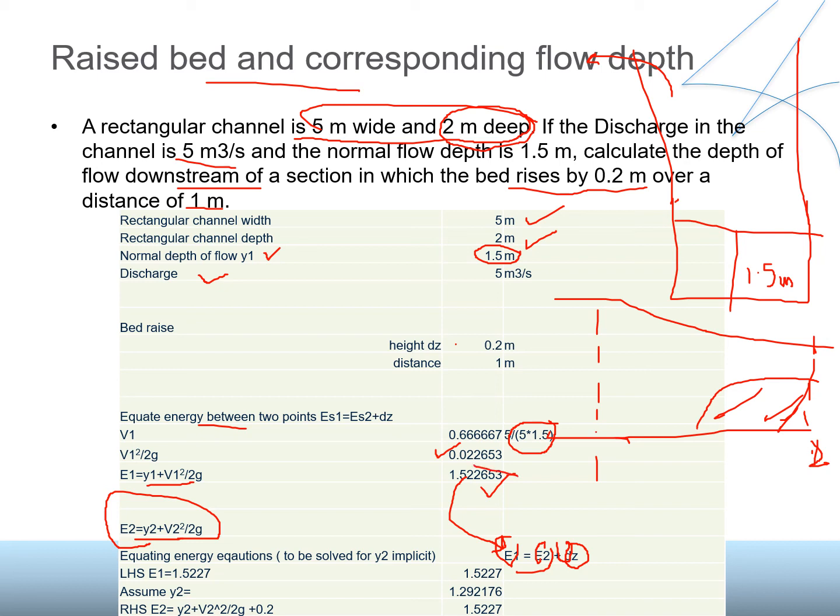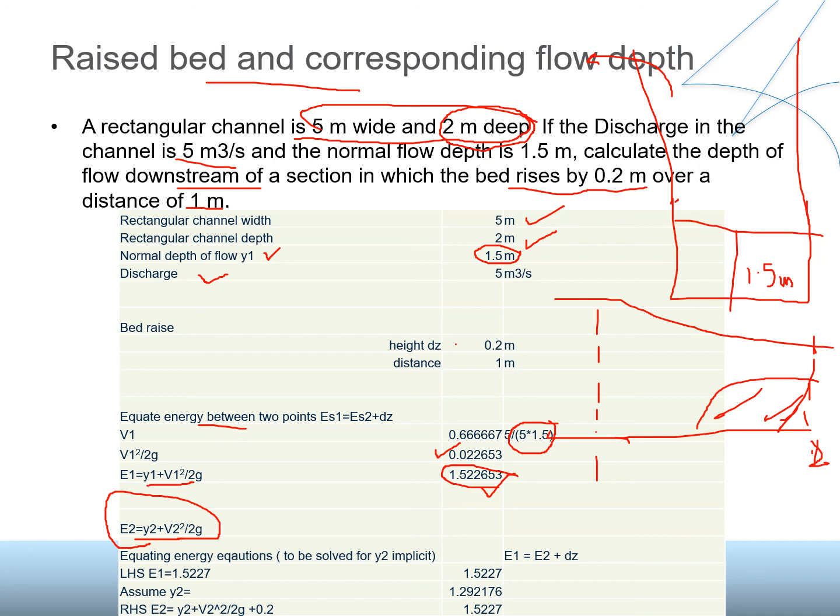So energy at 1 is y1 plus v1 square over 2g, which is known, and is the left hand side. In the right hand side we have E2 plus dz, and in this equation dz is known, which is 0.2 meter, right? The only unknown is E2, and E2 is y2 plus v2 square by 2g, and in this equation we don't know y2, and we also don't know the velocity. So we write velocity in terms of discharge, right?